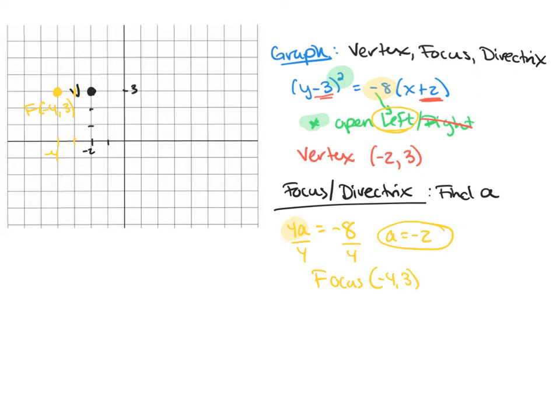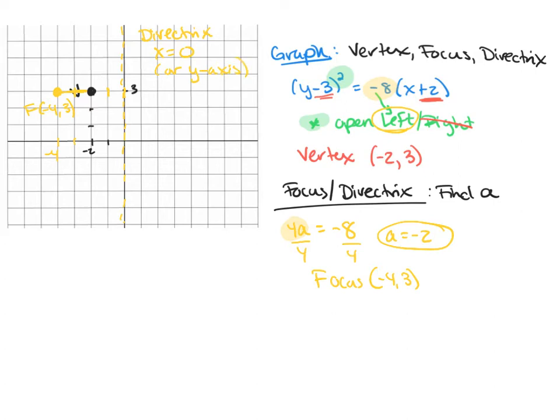Cool, so there's my a distance. And then going the other direction, going to the right 2, puts me right on top of the y-axis. That would be my directrix. So it would be x equals 0, or you could say the y-axis.